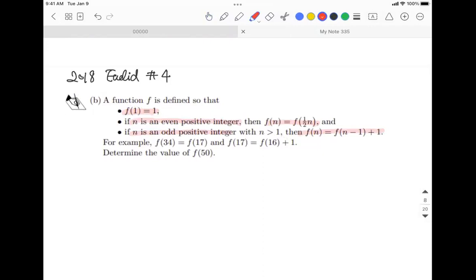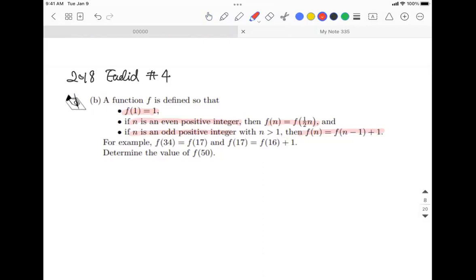So that being said, your function f(n) is actually defined in two different ways. As long as n is even, you go for one way on the top. As long as n is odd, you go to the second one, right? So basically, the function is defined by even and odd.